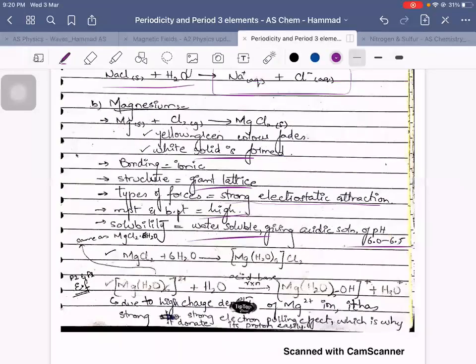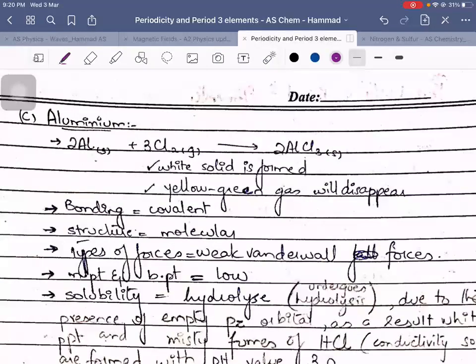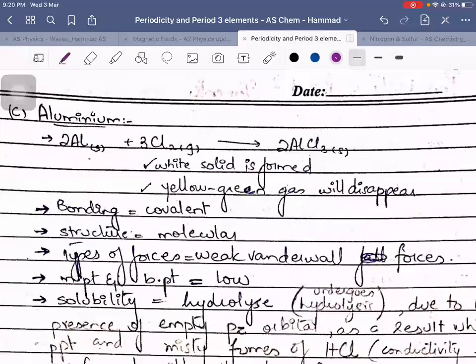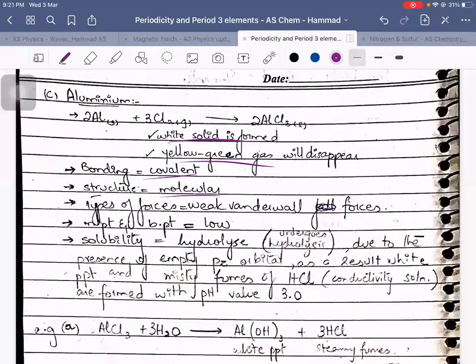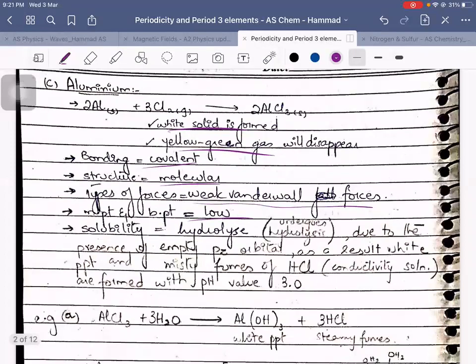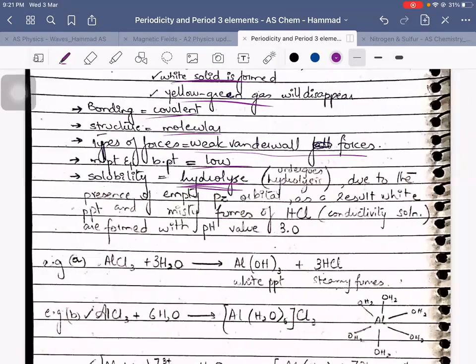Aluminium would again form a white solid. Yellow-green gas will disappear. Bonding is covalent. Structure, molecular. Types of forces, weak van der Waals forces. Melting point and boiling point is low. Solubility, it will hydrolyze.